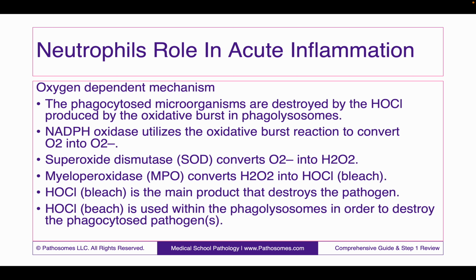Myeloperoxidase, also known as MPO, converts H2O2 into HOCl, which is bleach. And this bleach is the main product that destroys the pathogen. HOCl, or bleach, is used within the phagolysosomes in order to destroy the phagocytosed pathogens.